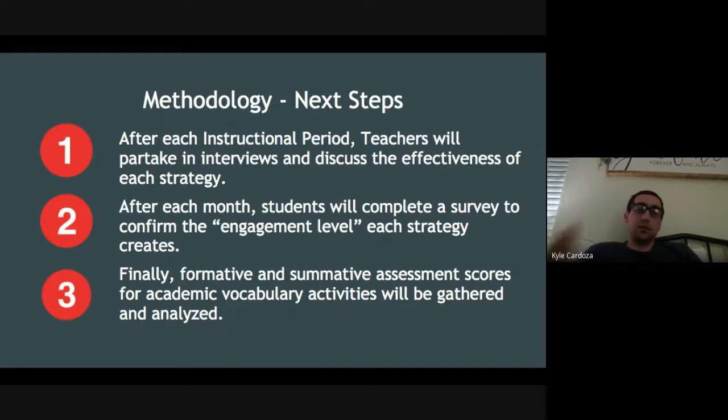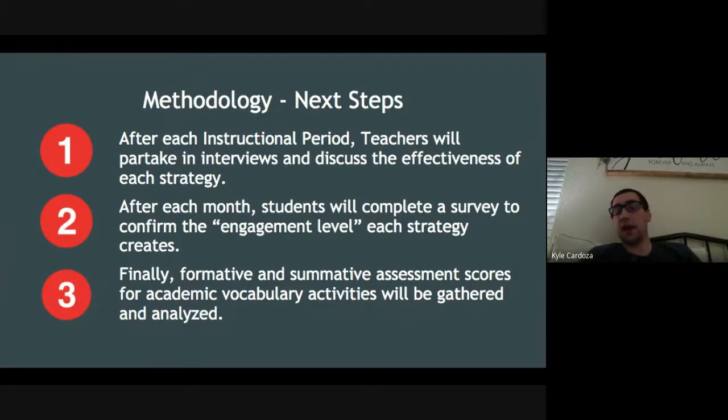That is what is done after each month. And the students will have the same survey across the board, so that they can at least have some recollection of the strategies that were used or the lessons that were performed in the classroom after each month.